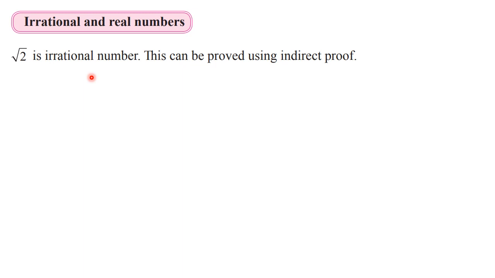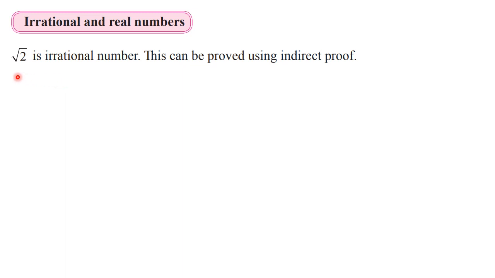We can write a proof for the theorem, and those proofs are of two types. First type is direct proof, and second is indirect proof. So here we are going to use indirect proof. What is the meaning of indirect proof? Here we are going to assume the given thing as wrong.